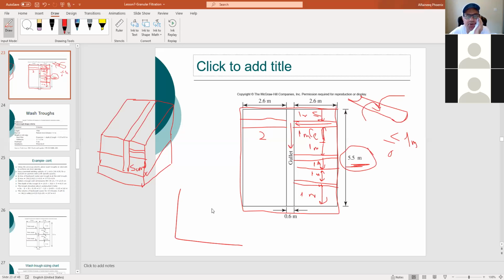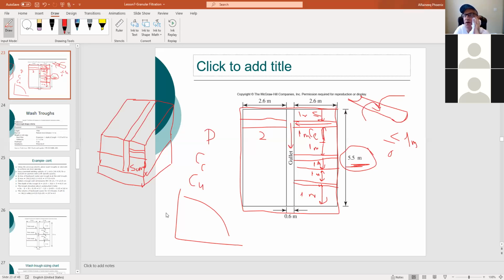You also calculate all these coefficients, uniformity coefficient and curvature coefficient. This is needed. Average diameter, right? We are not going to do that. This is very annoying. There are many things with the sieve analysis for the sand filter.